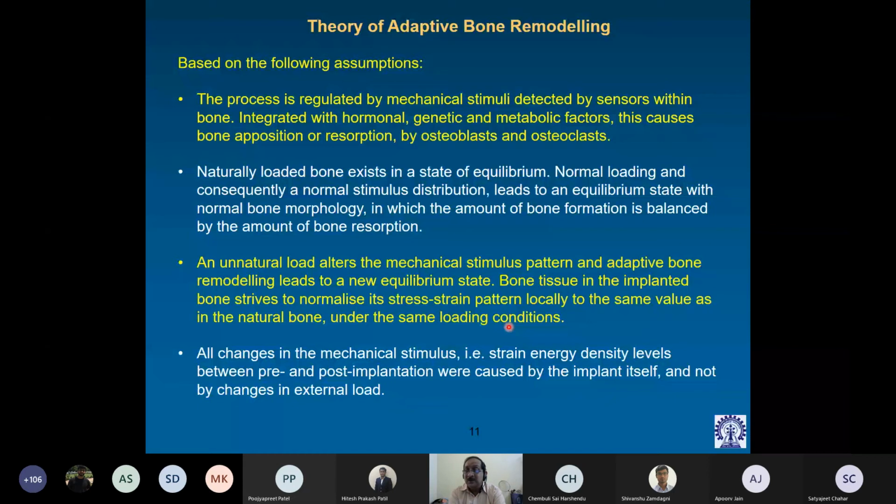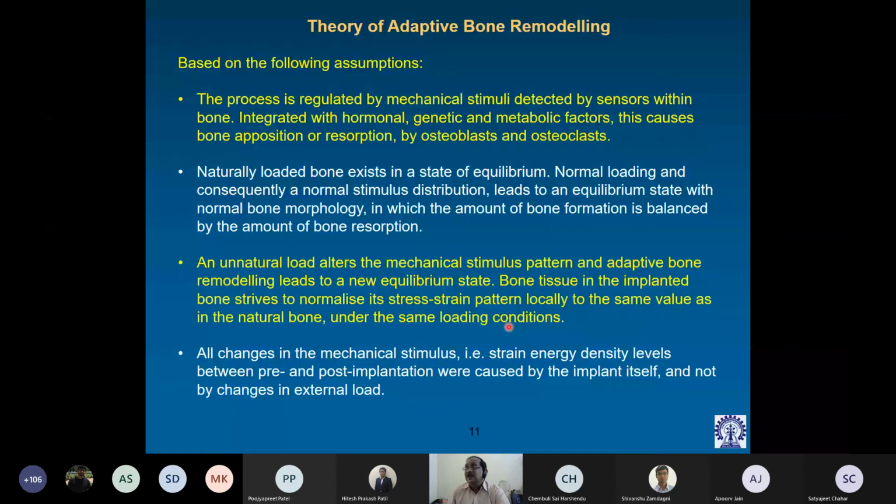Because in the earlier, unfractured situation, the whole load was carried by the bone tissue itself. Now, in a fractured situation, a part of the load is carried by the plates and screws. Thereby, there is a change in the stress distribution in the domain of inclusion of the implant.